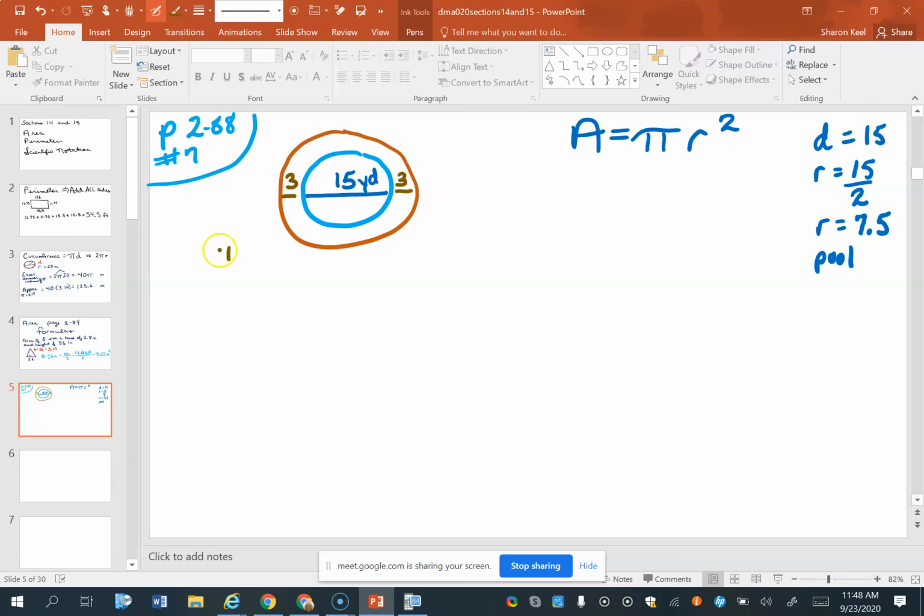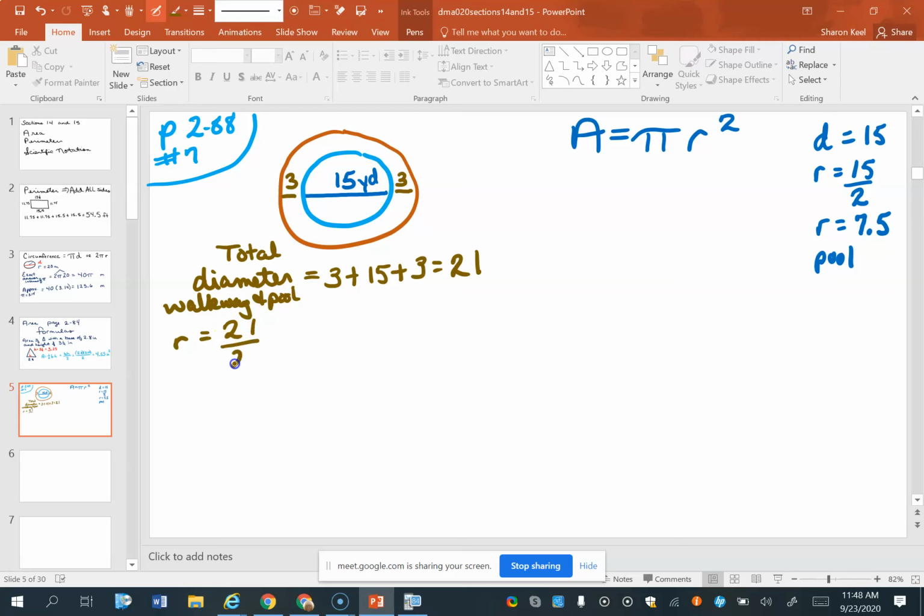If I want to get the total diameter of the walkway and the pool, I'm going to take 3 plus 15 plus 3. So 15 and 6 is going to give us 21. That would be the diameter. I'm going to need the radius, so I take the 21 and divide that in half, and that's going to give me 10 5/10.